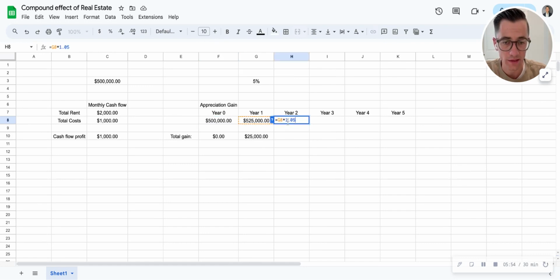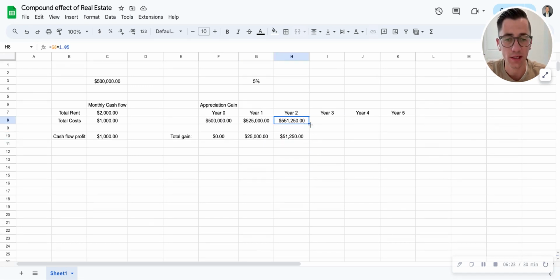So now we're adding an additional 5% value of that property for the current year. So this equation is actually different now. If we were to sell it, we take our current price minus what we paid for it, and now we have an appreciation gain, a total gain of 51,000.